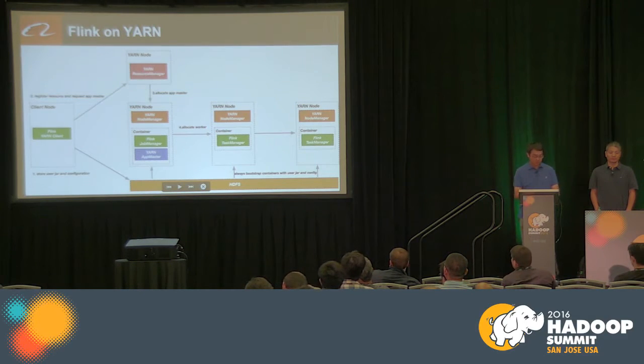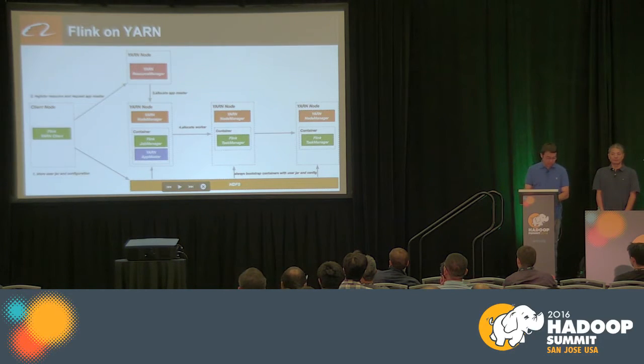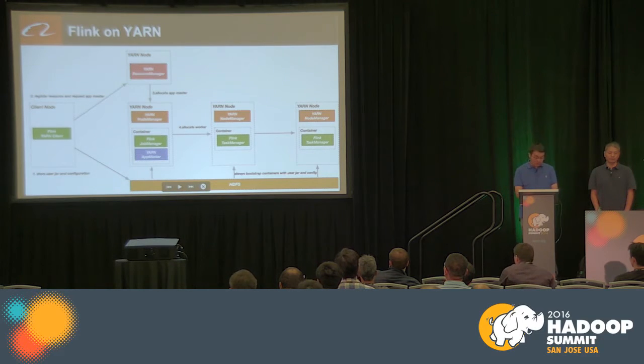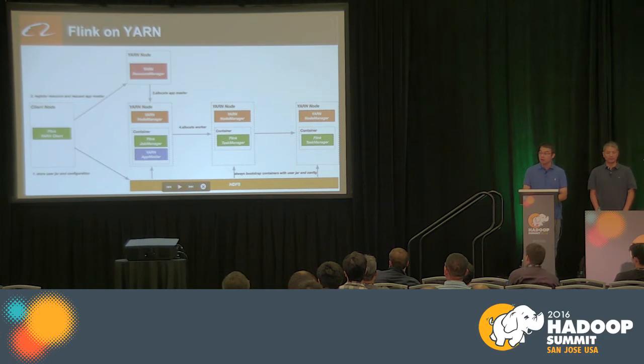OK. Before the introduction of the Flink runtime architecture, I will show the Flink cluster modes first. Flink has 2 cluster modes. One is standalone cluster. Another is cluster run on yarn. The Flink standalone cluster consists of 1 job manager node and several task manager nodes. Obviously, the standalone cluster mode cannot share resources with other kinds of applications, such as MapReduce, Spark, etc. So Flink also supports cluster running on yarn.